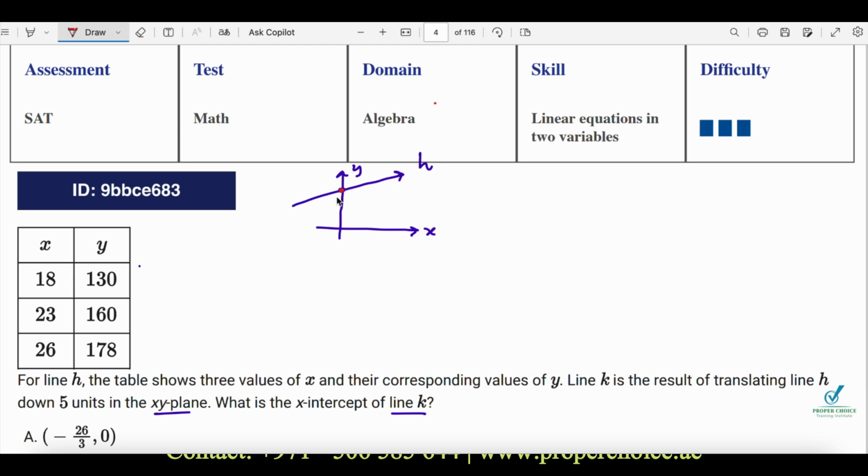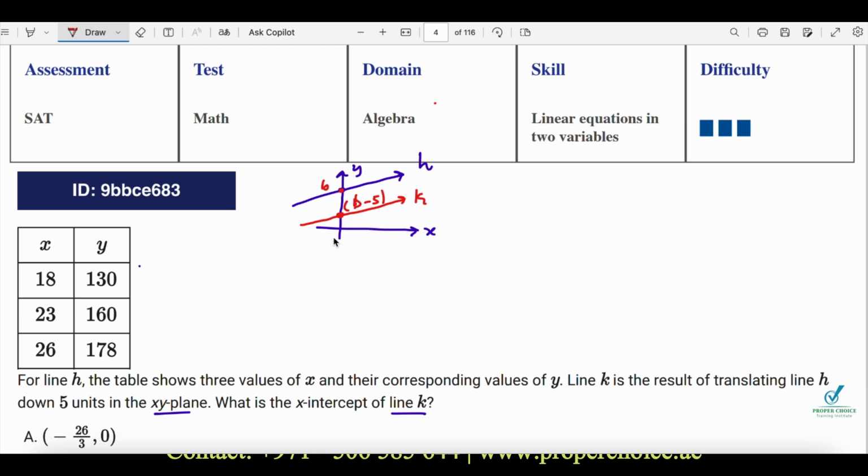Suppose the y-intercept of line H is b, then after translating, line K will be parallel to line H, and the y-intercept of line K will be whatever value of b you get minus 5.